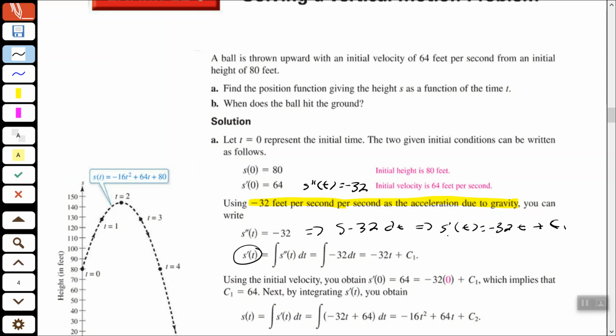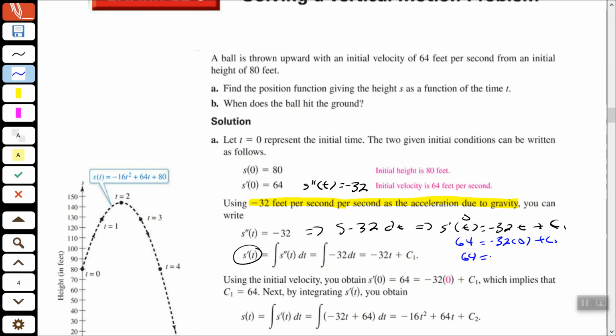But we know something about s prime of t from our given up here where it says s prime of 0 equals 64. So if we replace t with 0, then s prime of 0 equals 64. Since s prime of 0 equals 64, I can actually find the c that goes with this by saying 64 equals negative 32 times 0 plus c1.